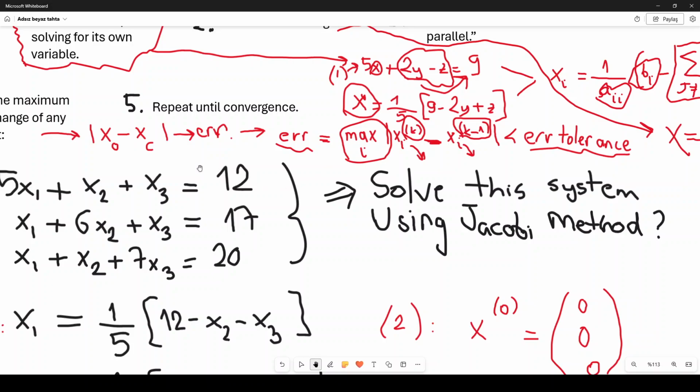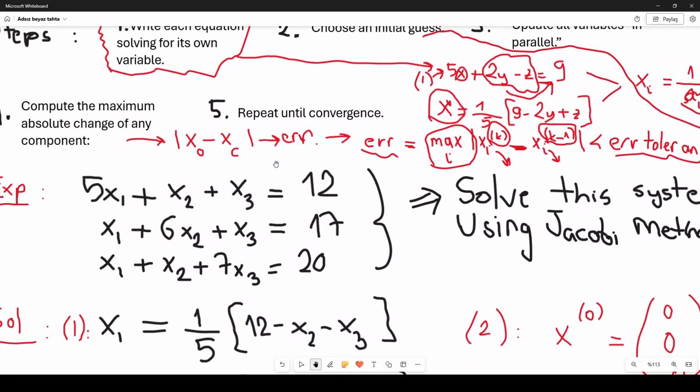And unless this convergence is satisfied, we continue, so we repeat this computational task. Well, of course, if we didn't put an iteration boundary. What I mean is that suppose we keep iterating and iterating, and we're not able to go below the error tolerance, but we reach the maximum number of iterations.